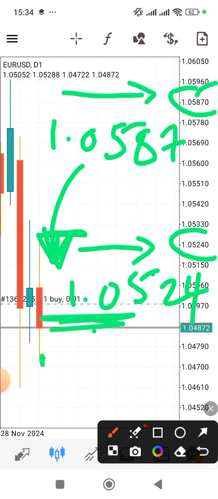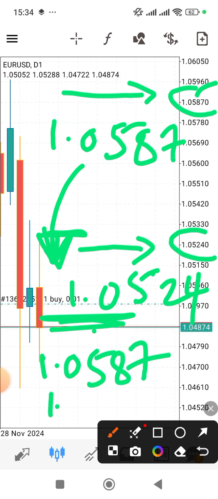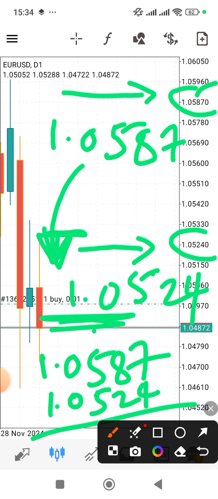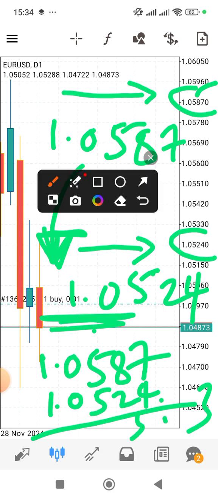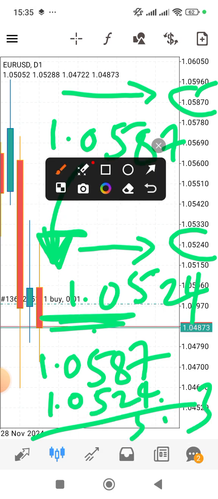Calculate it. 1.0587 minus 1.0524. 7 minus 3 is 4, 8 minus 2 is 6, and all the other ones are 0.